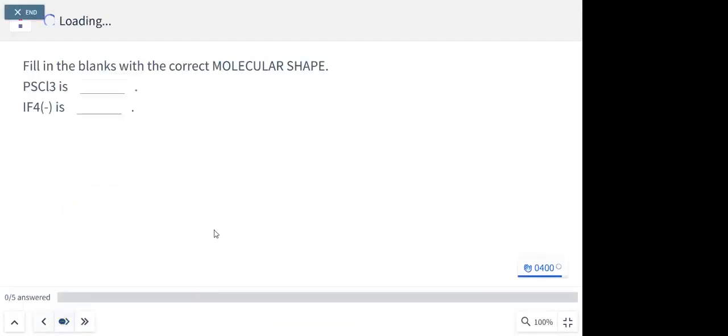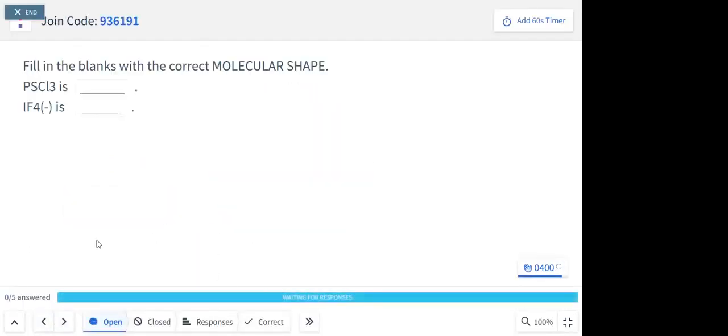So I've got a question here for you. Not looking for all the bells and whistles here. I just want you to draw those two structures and evaluate them to figure out their molecular shape. So I'll give you a few minutes to do that. We'll come back and talk about it, and then we'll talk about polarity, and that'll probably end us for the day.